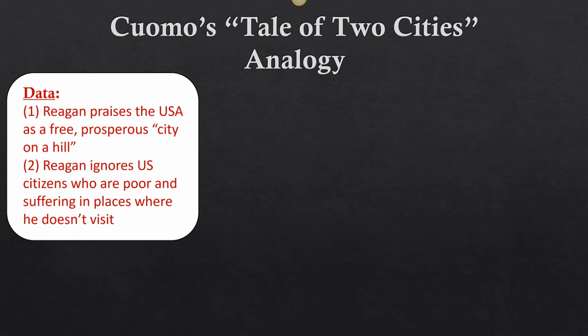The second piece of evidence is that Reagan is ignoring U.S. citizens who are poor and suffering in places throughout the country where he doesn't visit. In this data, then, are the seeds of an analogy that are going to provide the basis for the critical claim that he's going to make.